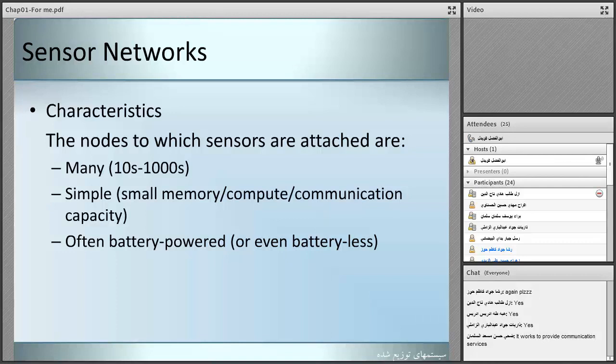So these sensors transfer data and they are connected to a server wirelessly. It is a sensor network. It means we have a network of many sensors here. Got it, Miss Rasha?